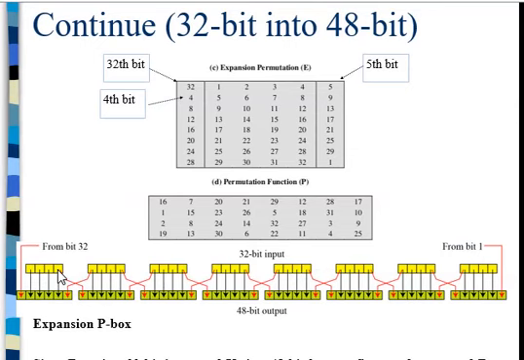In fact, your 32 bits is split into 8 subblocks, and then for each one, as you can see here, you will have the expansion box. These 4 bits are replaced one by one.